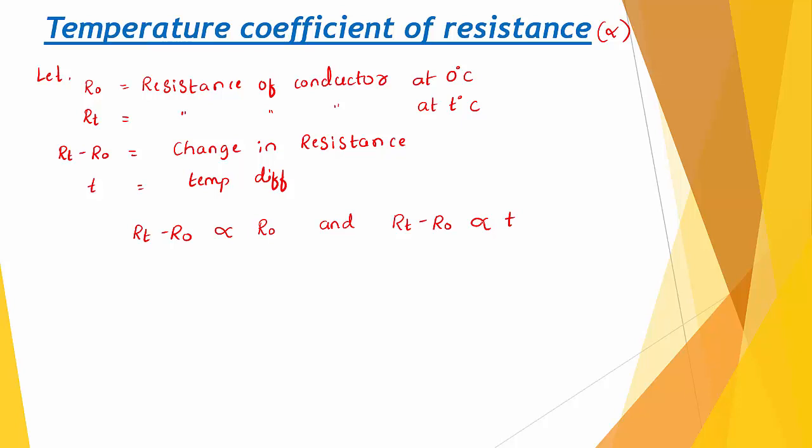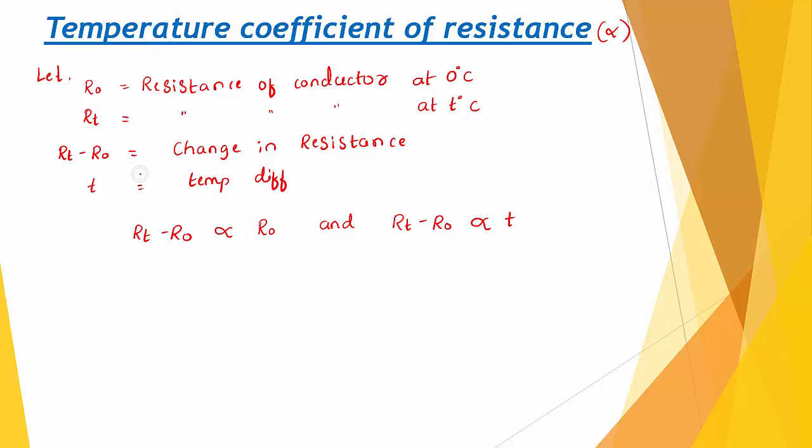The first factor is initial resistance. The second factor is temperature. Suppose temperature is constant, then there is no change in the resistance. Here resistance is increasing because temperature is increasing.